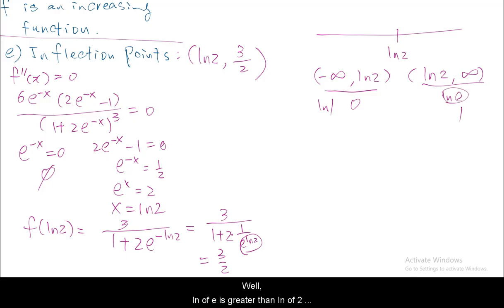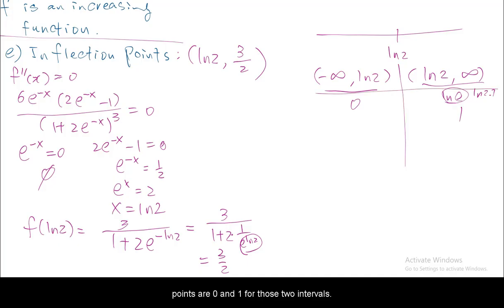Well, ln of e is greater than ln of 2, because ln of e is ln of 2.7 something, right? That's greater than ln of 2. Okay, so my test points are 0 and 1 for those two intervals.